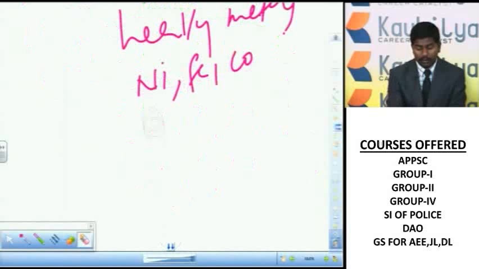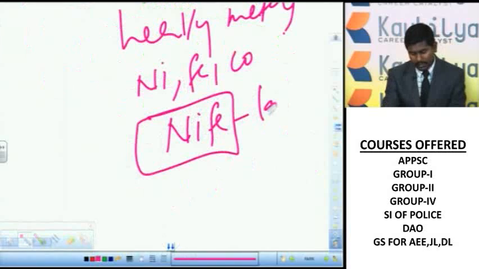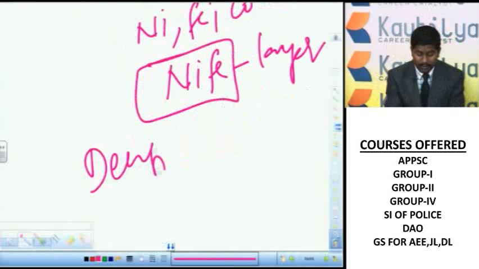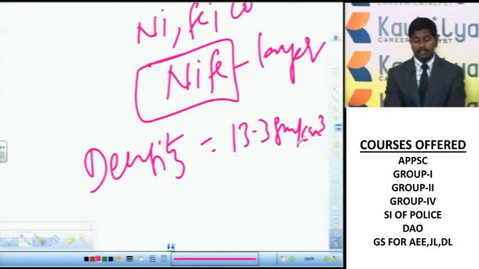As the core is made up of these heavy metals, basically nickel and ferrous, the core is also called the nife layer or NiFe layer, and that's why the density of the core is very high. The density of the core is up to 13.3 grams per centimeter cube, the most dense material because of the heavy metals.